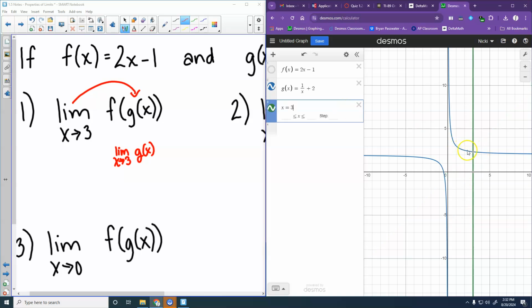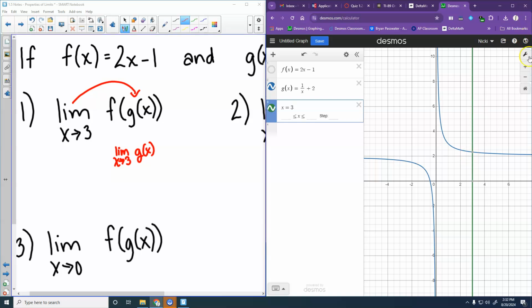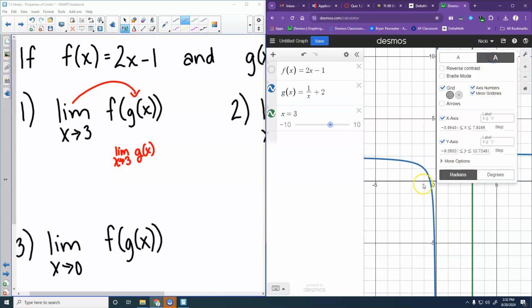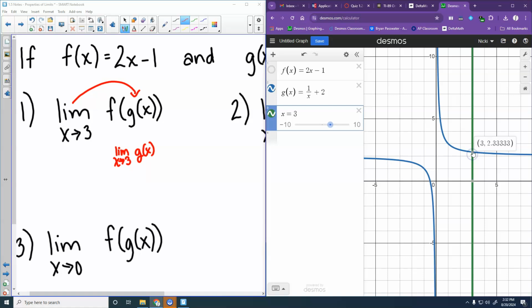Looking right here at 3, what does it appear that it approaches here? In fact, if I am using the graph, probably about the easiest way is 2.33333, right? How else can I figure out what that value is right there, if I weren't going to use the graph?